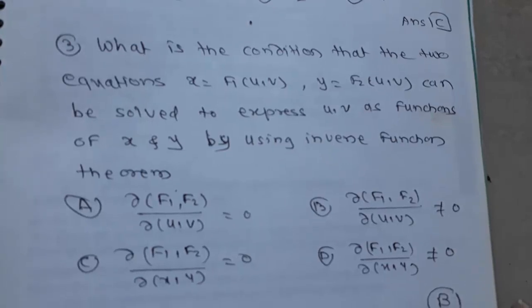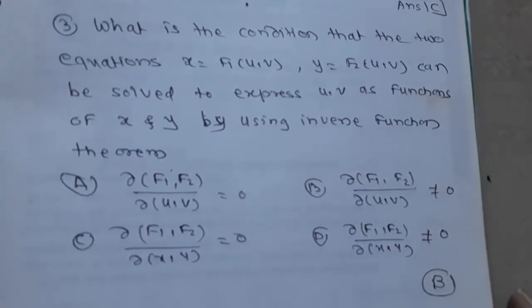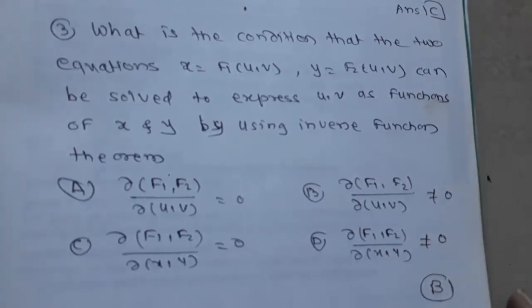In this case, option B is correct. That means the condition is dou f1 f2 by dou uv is not equal to 0.